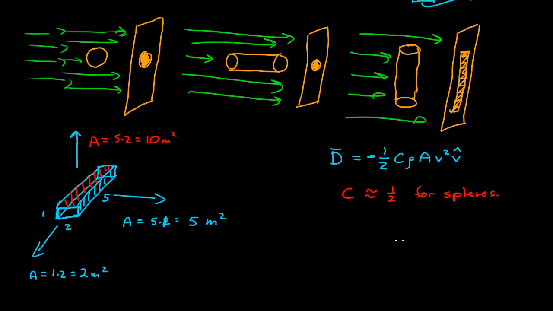Given that c is about 1/2 for spheres, also note that rho is about 1 for air. And under that approximation, we have a drag force that simplifies to about -1/4 times the cross-sectional area times the velocity squared times the unit vector of the velocity. That puts the drag in the opposite direction of the velocity.